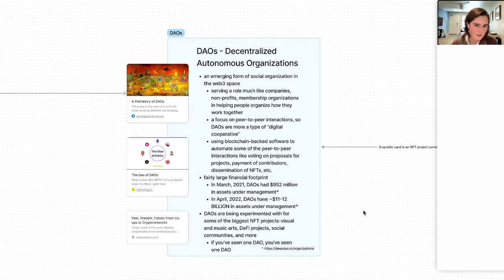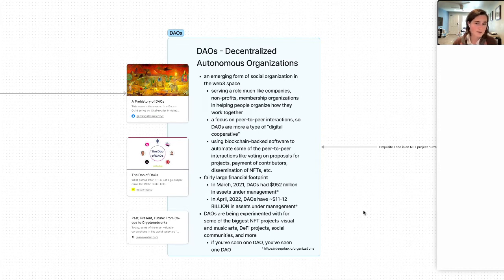But some people might consider us a DAO because we're working in the Web3 space. But the idea is that these decentralized autonomous organizations will serve, and in some cases already do serve, as a form of social organization. It's pretty similar to companies or nonprofits, membership organizations. They're effectively helping people organize in how they work and collaborate together.